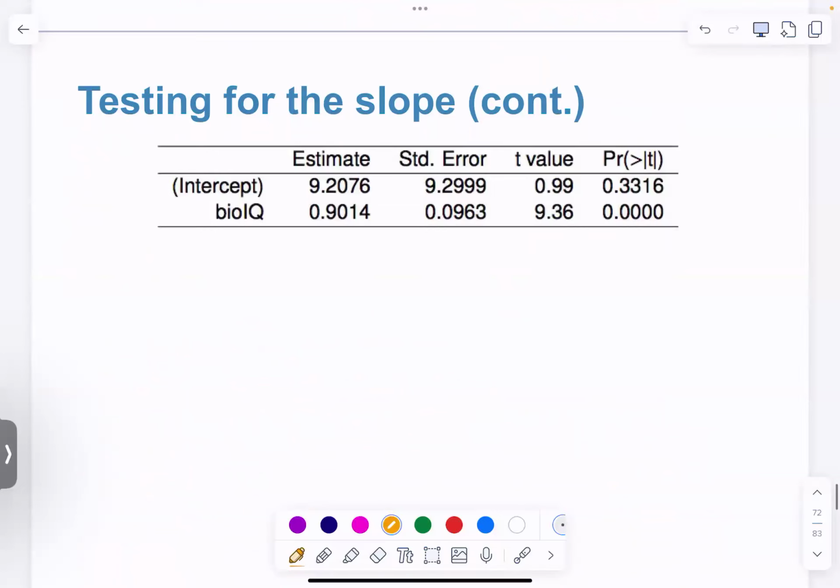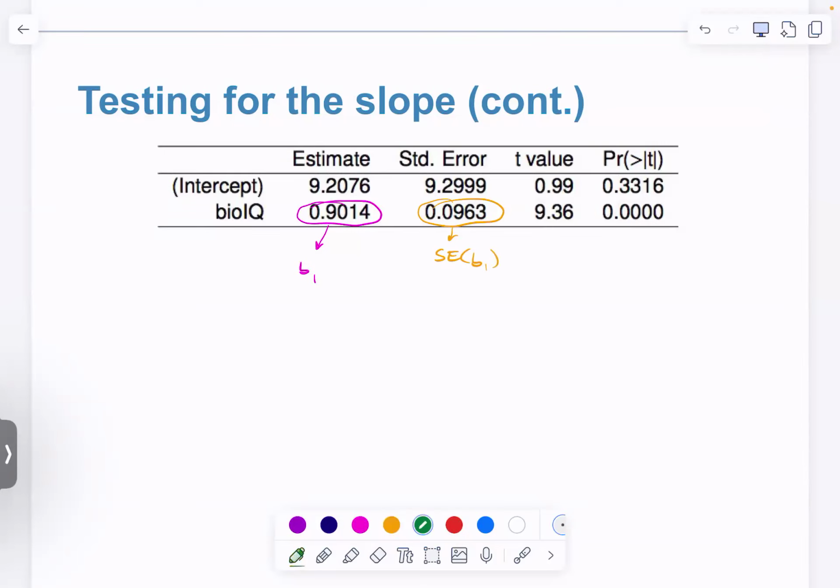So if this is the output that we have, this is where I should have written it. I squeezed it onto the slide way before. But this, let's see, what color can I use here? This is your B1. That's the estimate for the slope. This is the standard error of B1.